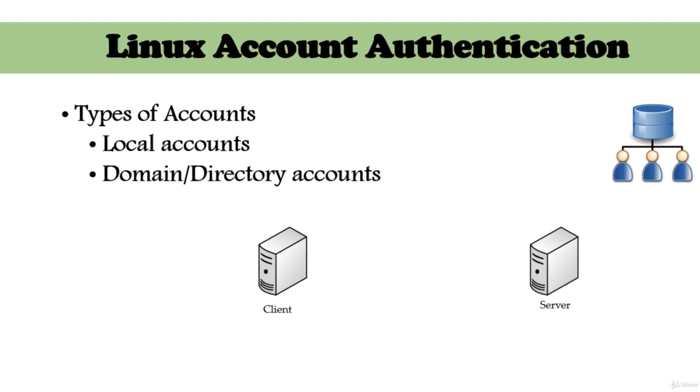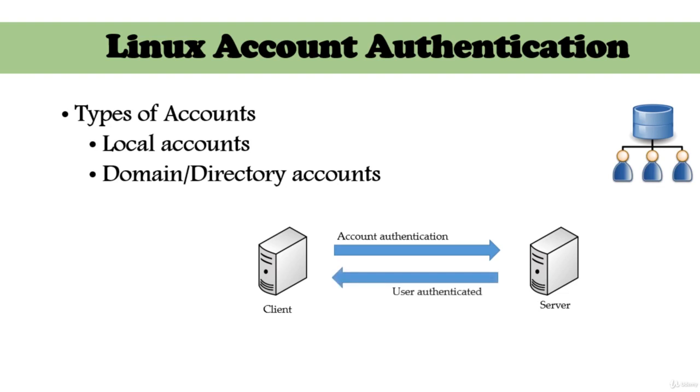When a user tries to log into the client, the account authentication goes against the server. The server checks to see if that account exists, and if it does, it replies saying the user has been authenticated and it's okay for the user to go ahead and log in.